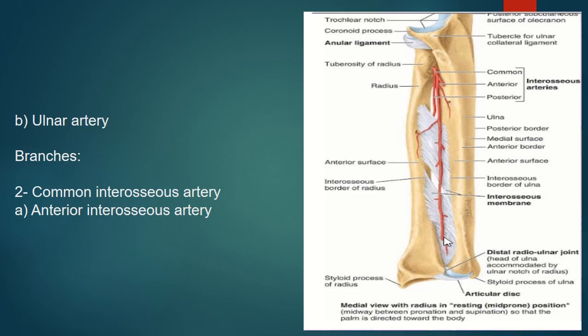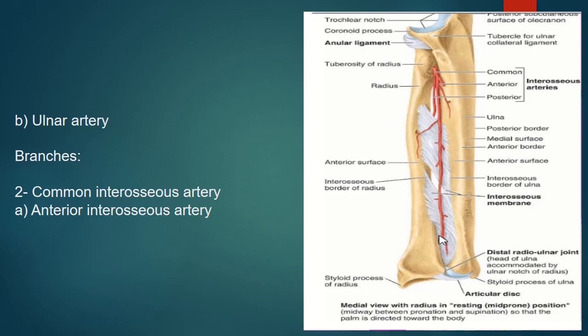Just before leaving the anterior compartment, the anterior interosseous artery gives off a palmar carpal branch, this one, which takes part in anastomosis around the wrist joint. We'll talk about this branch later on.